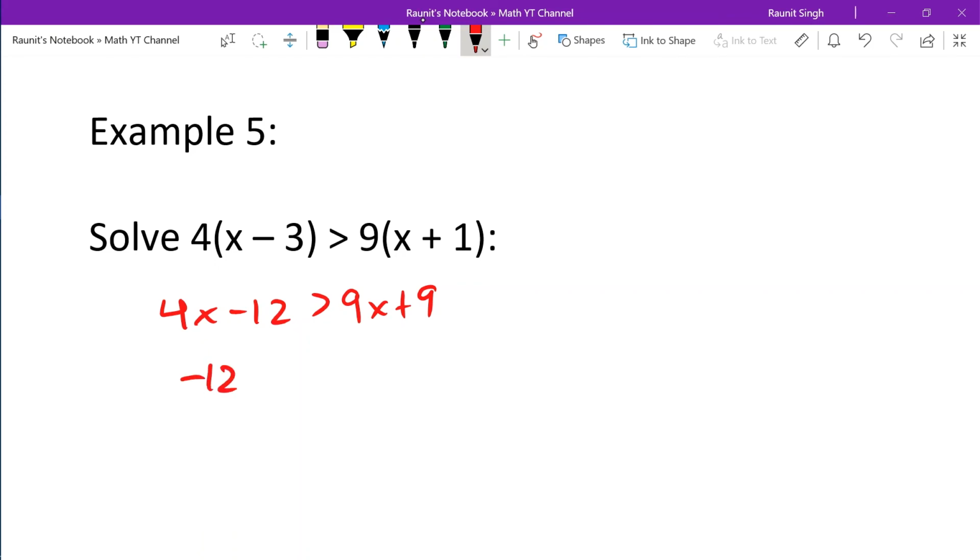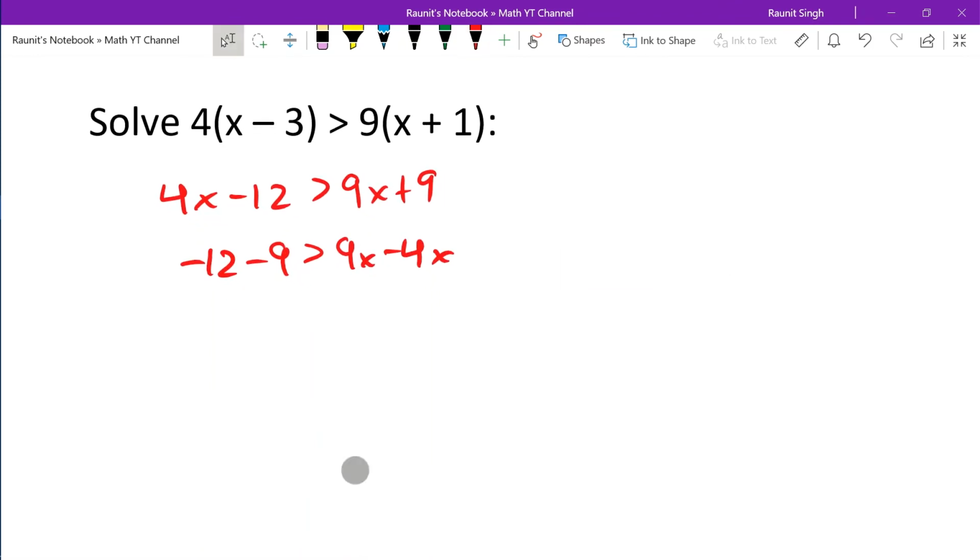So that's going to lead us to negative 12 minus 9 is greater than 9x minus 4x. Now when we simplify both sides, we're going to get negative 21 is greater than 5x.